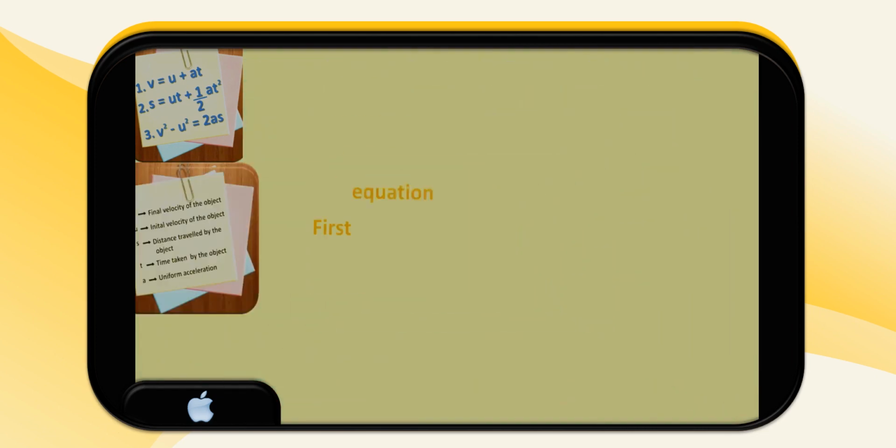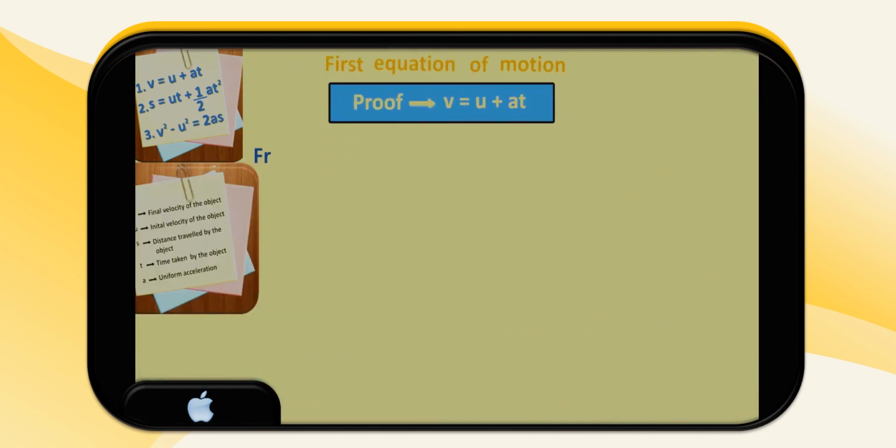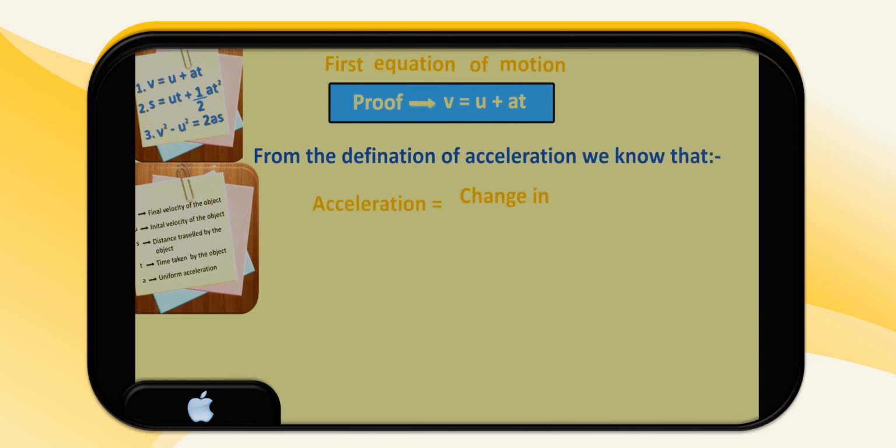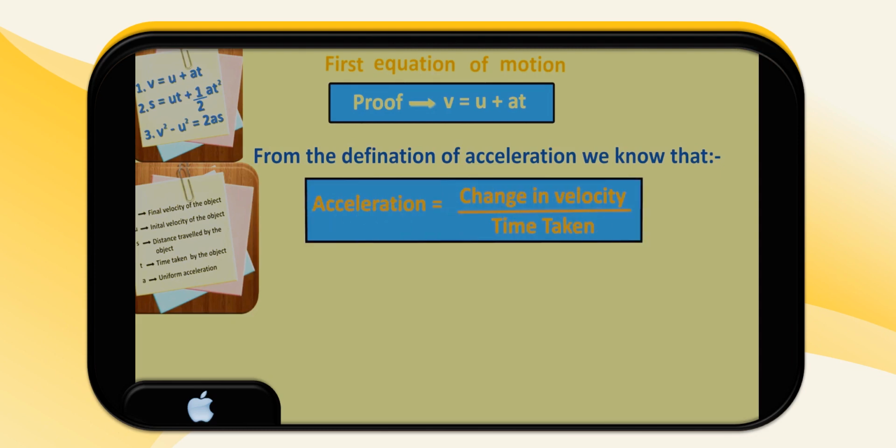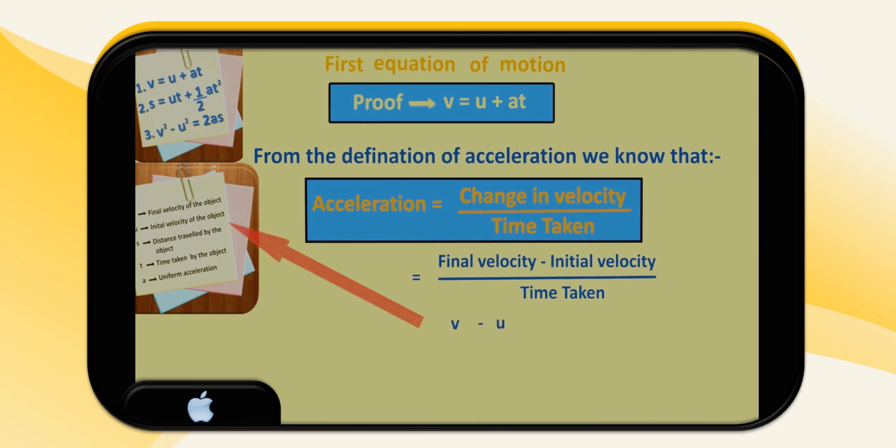So let's start with the derivation of the first equation of motion, the proof that v = u + at. From the definition of acceleration, we have seen that acceleration is given by change in velocity divided by time taken. Here, final velocity minus initial velocity divided by time taken. Here v is the final velocity and u is the initial velocity, upon t.